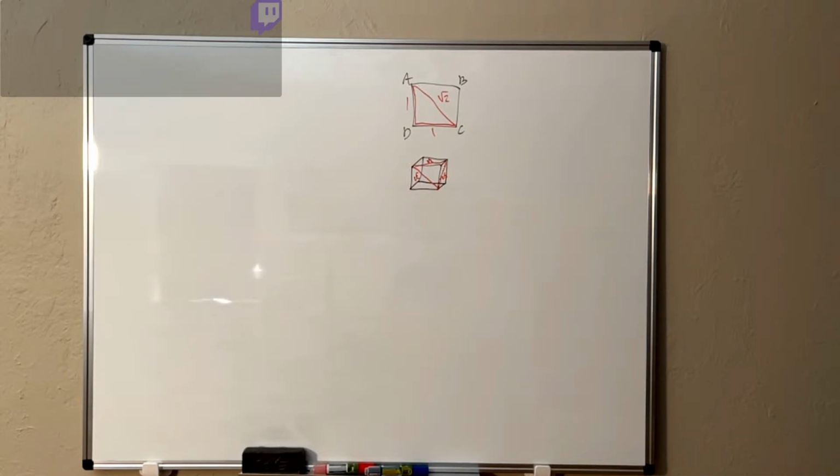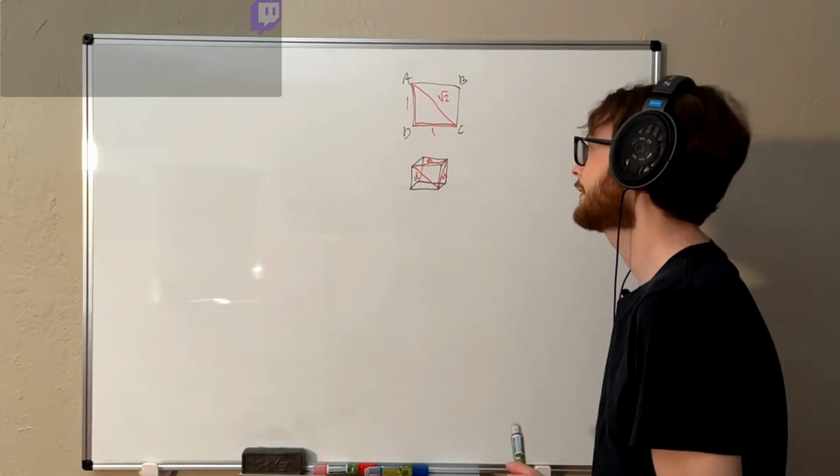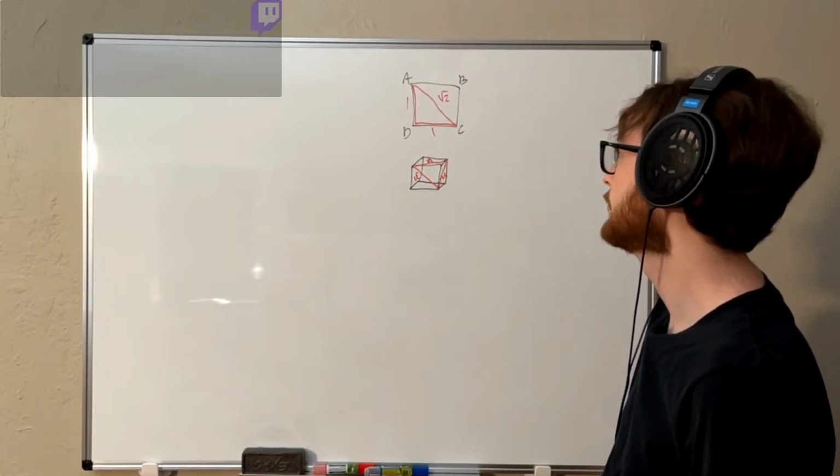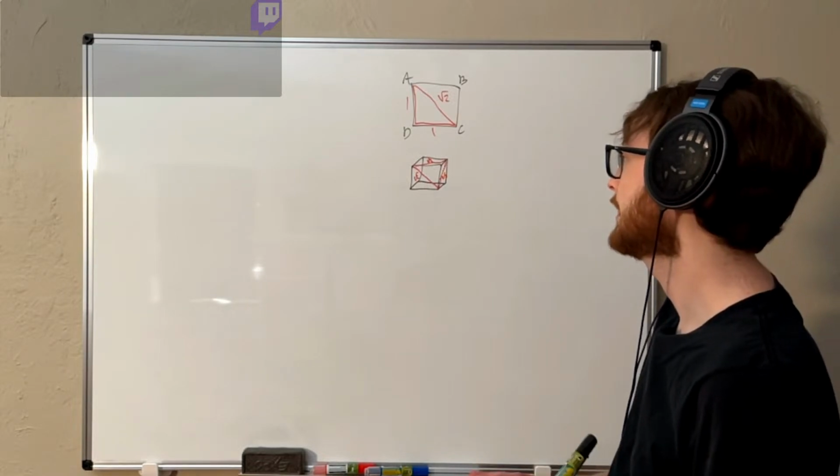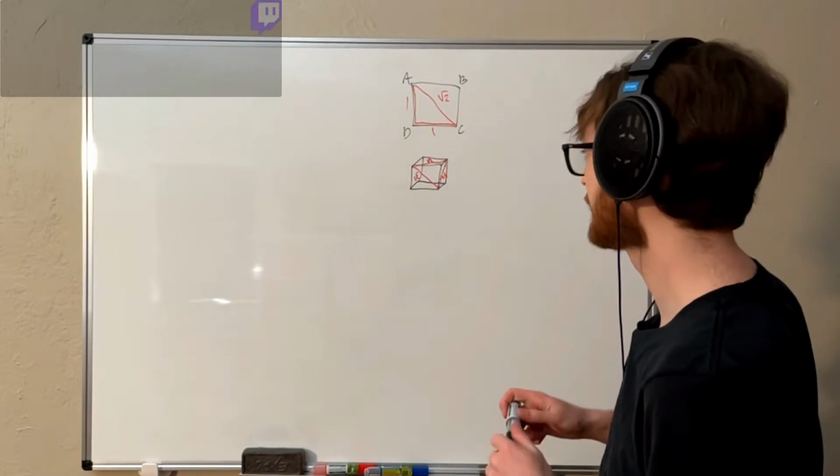There are a limited number of side lengths. Yeah, Jed, I think that's a good way of thinking about it, where our only options for side lengths are 1, root 2, and root 3 or whatever the third one is.